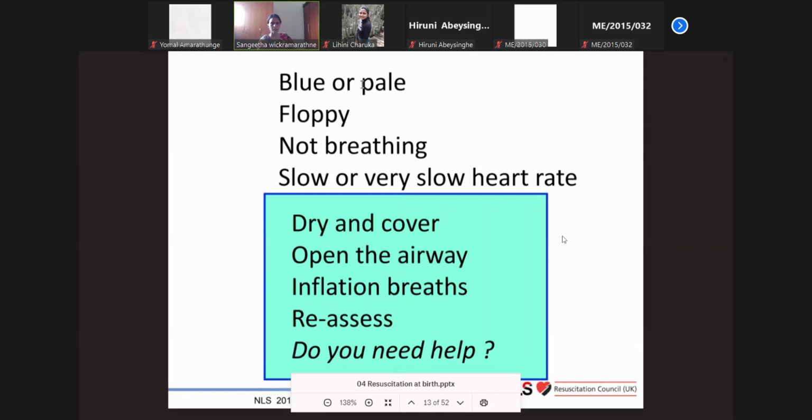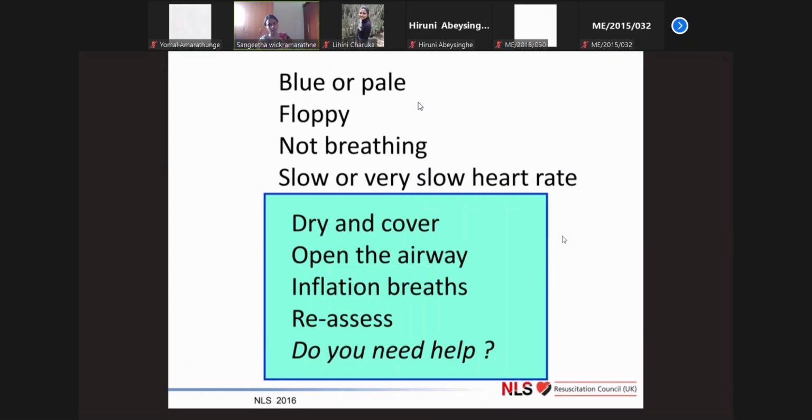So this may be a blue or pale, floppy, flat baby, no tone, and not breathing, nothing at all. So heart rate, before talking about heart rate, maybe there is a slow heart rate, they say, right? Below 100. Suppose now it is below 100, but it is around 60, right? Baby is not breathing. Where can this baby be in that chart? Terminal. Yes.